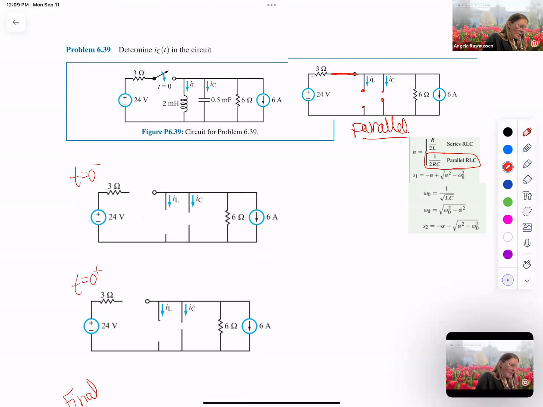So with that, I need to find RTH. And so for RTH of this circuit, our independent sources, when we take a Thevenin, are set to 0. And so that means that this source will become a wire and this becomes an open. And then I look at my A and B of these.